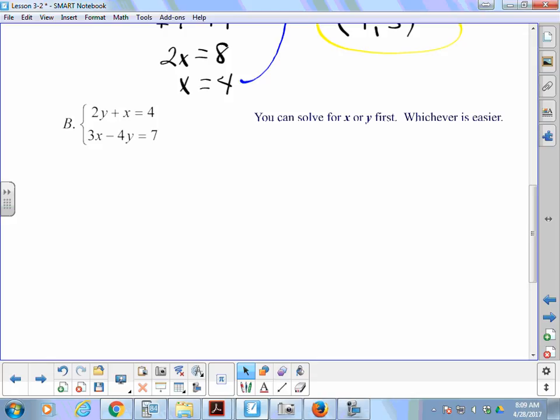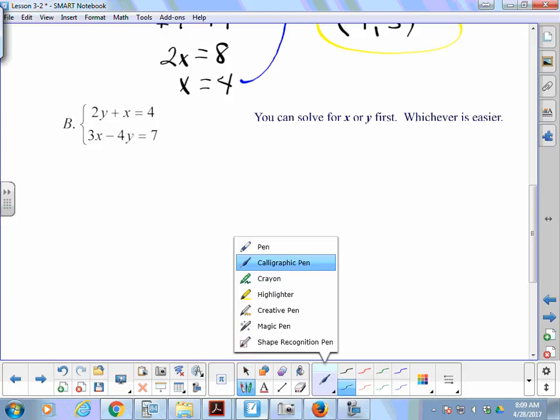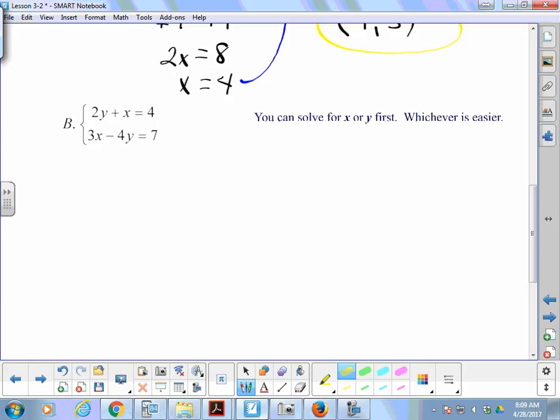So in this case, in the first equation, we've got just an x there. All right? So since I have just x, I'm going to solve for that first. So 2y plus x equals 4.